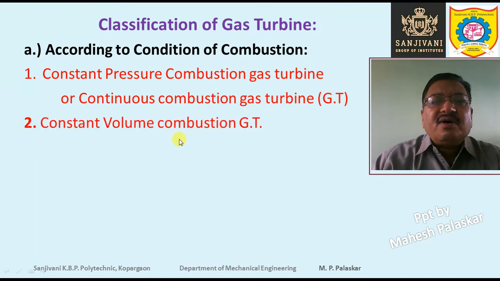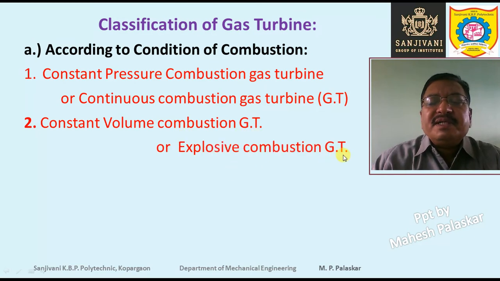Or we can have the constant volume combustion gas turbine or explosive combustion gas turbine. In this case, the combustion takes place suddenly, it is not slow, it is not continuous, there is an explosion, right? And the combustion takes place at constant volume. So there is a sudden rise in the pressure.